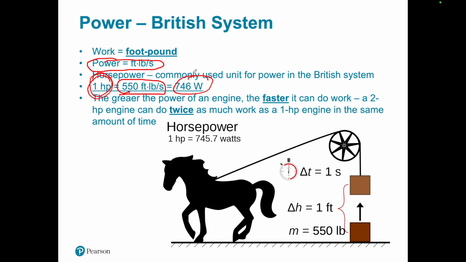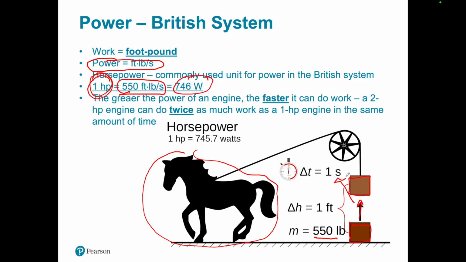You may be thinking to yourself, what the heck? Where did the horsepower come from, right? Well, the horsepower comes from the fact that a horse can pull a weight on a pulley, just like that other guy, right? That's 550 pounds up 1 foot in 1 second. And that's where horsepower comes from, right?